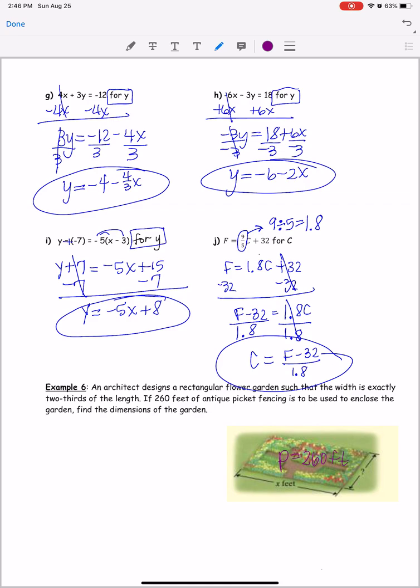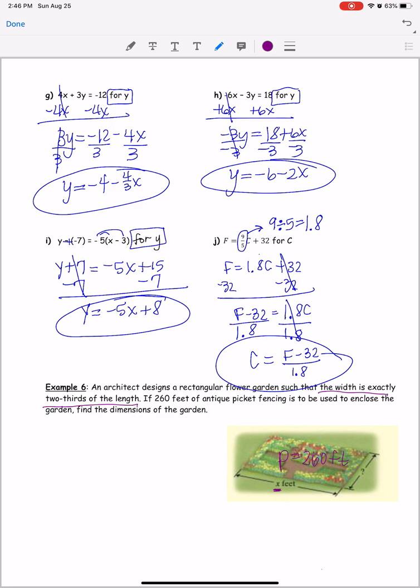So in this wording here, the width is exactly 2/3 the length. Which of those do you have no information about? That's going to be the length here. Okay, you know the width is 2/3 of the length, but I don't know anything about that length right now. So my length is X, and so they've already put that here for me, X feet.